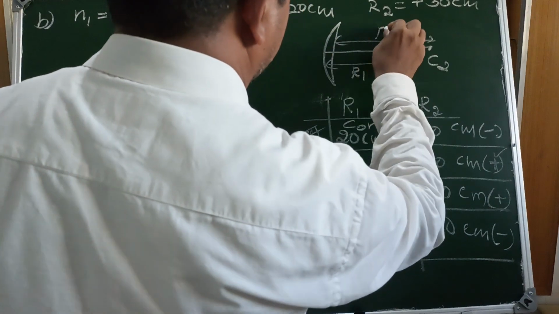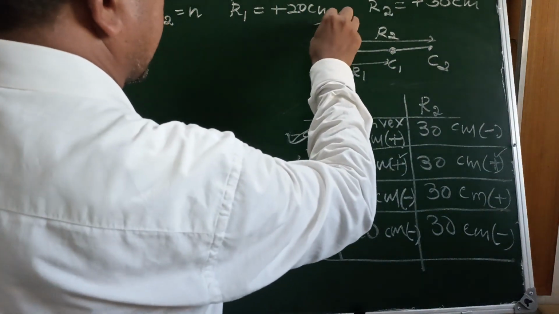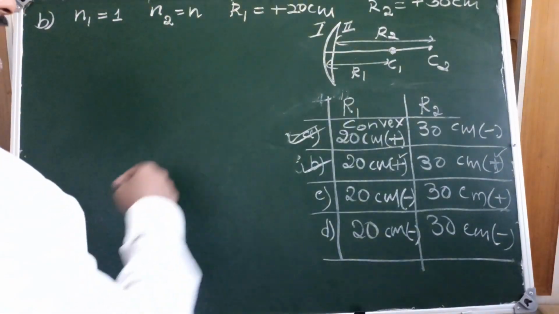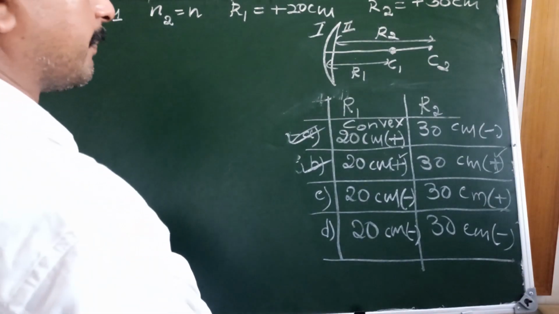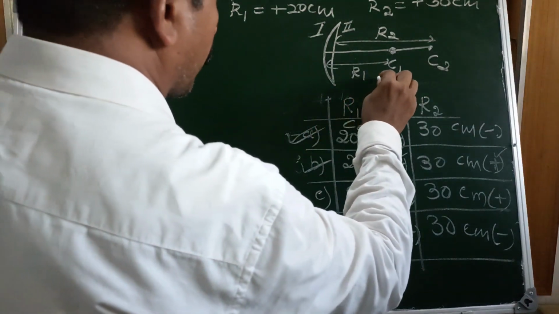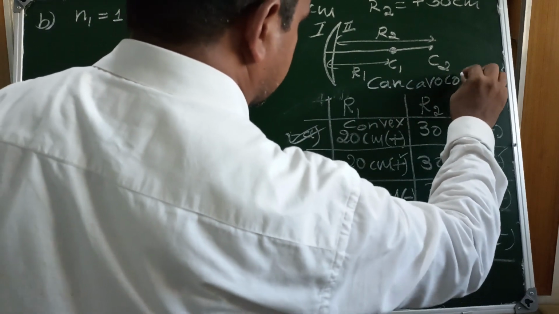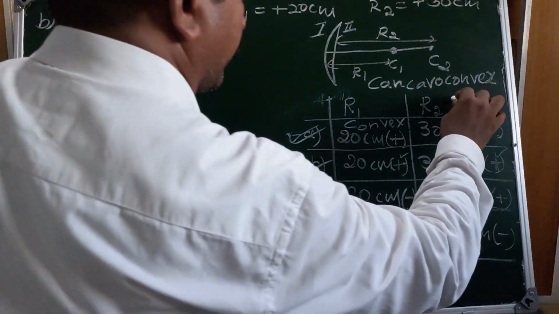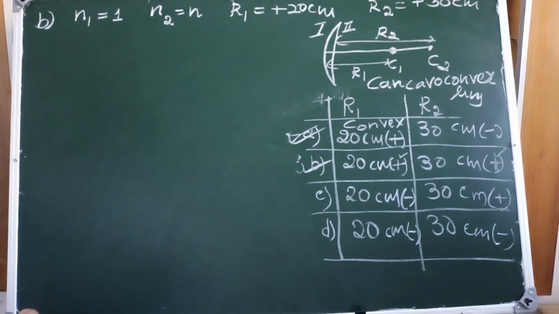This is the first refracting surface, this is the second refracting surface. It is a type of convex lens only, but it is a concavo-convex lens. Convex lens, because both radii of curvature are positive.